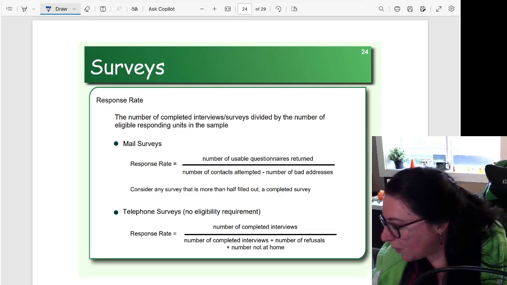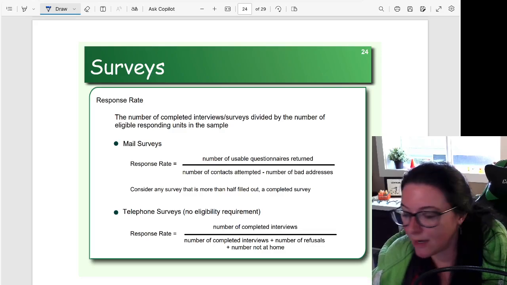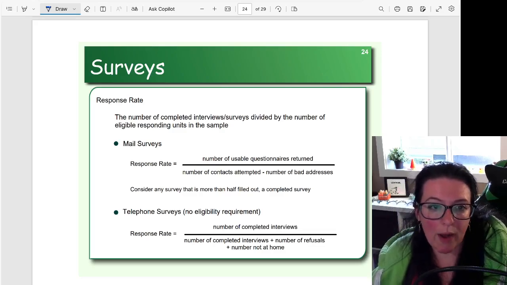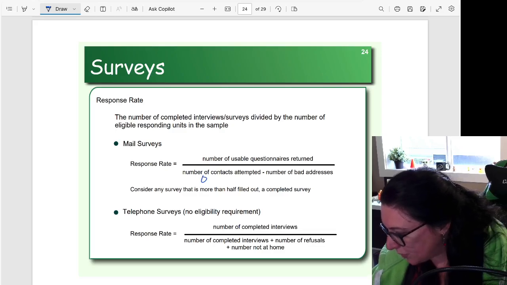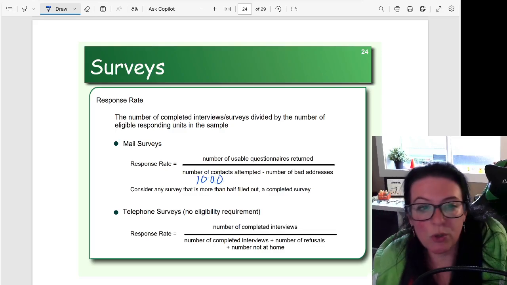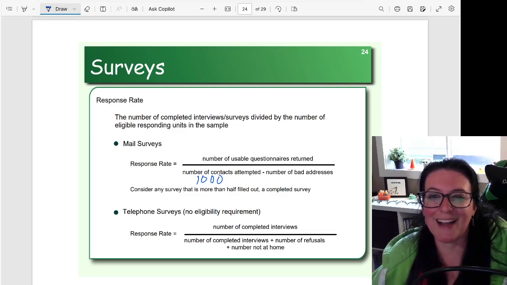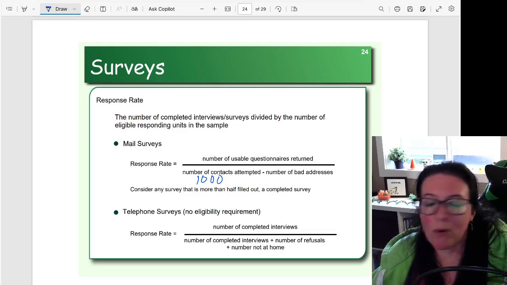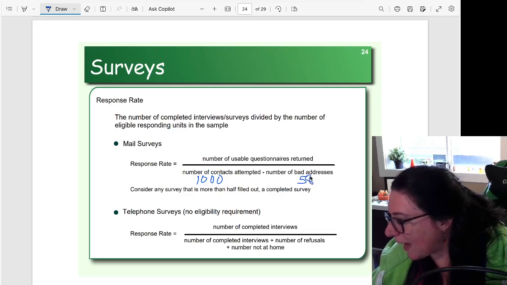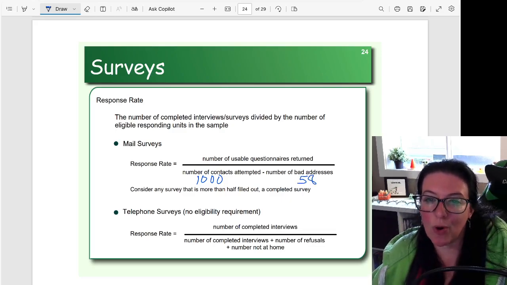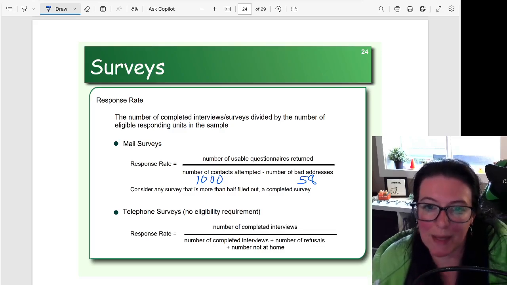So for example, let's suppose that we had 1,000 randomly selected individuals to respond to our survey. When we sent 1,000 snail mail packages out, maybe we found that 58 of them came back. We don't count those, because they didn't actually get to somebody.